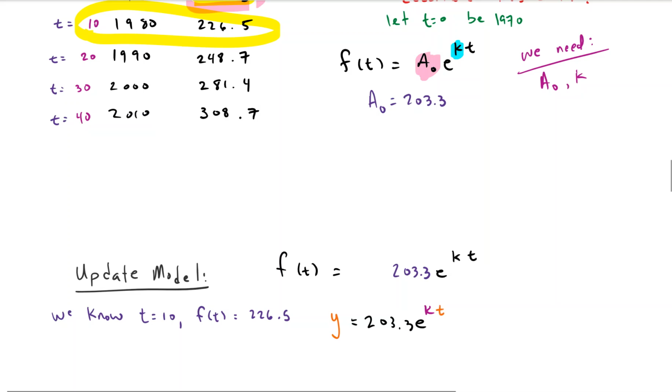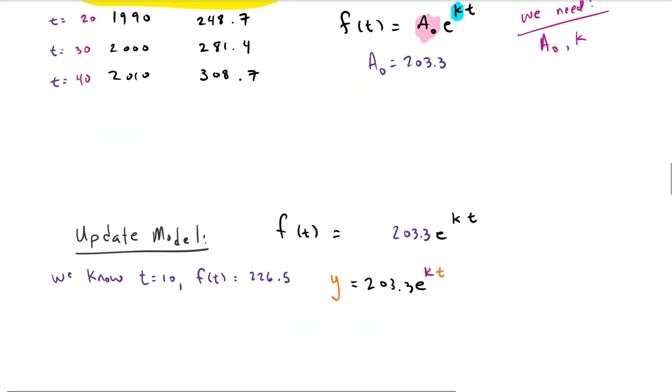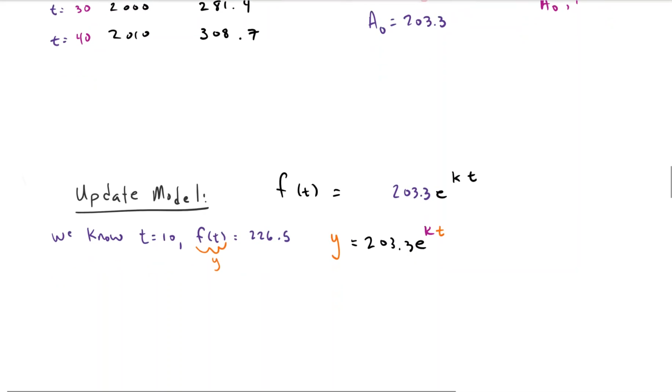The y and the t, we are going to plug those in. Sorry, not the k and the t, the y and the t. The f of t, that's going to be our y. So how about we plug in the point 10, 226.5, and then we solve for k.